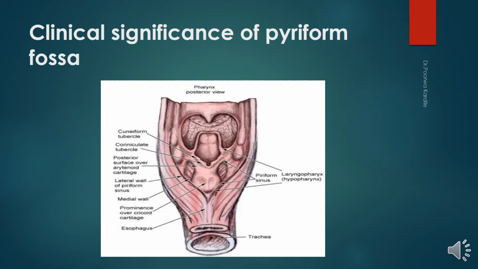If it is sharp, it may pierce the mucous membrane of the floor and injure the internal laryngeal nerve supplying the supraglottic portion of the laryngeal cavity, and cause anesthesia over that region. Pyriform fossa is also known as smuggler's fossa. Smugglers manipulate to increase the dimension of the fossa by using lead balls to hide smuggled items like diamonds. So it is also known as smuggler's fossa.